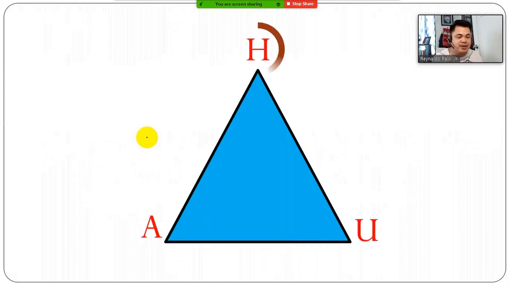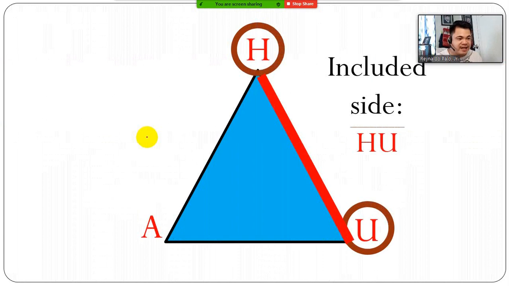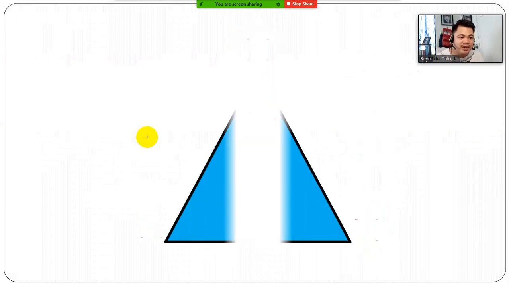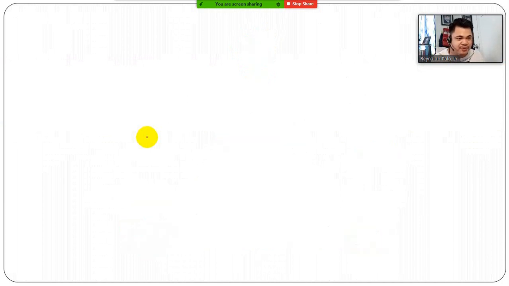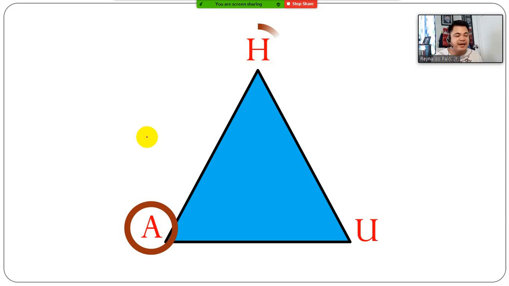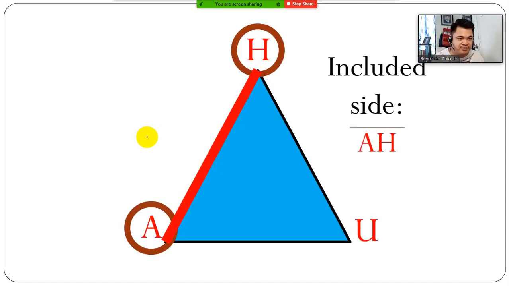For example, angle H and angle U, the included side is segment HU. I do hope that you can follow. Angle A and angle U, the included side is segment AU. Angle A and angle H, the included side is segment AH.